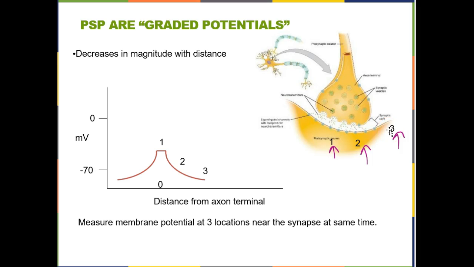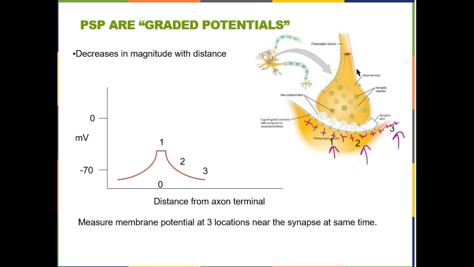This is because it is relying upon ions flowing into the cell. The ions all flow in here, so obviously you're going to measure a lot of depolarization here. Any depolarization that happens over here happens because ions diffuse in that direction.